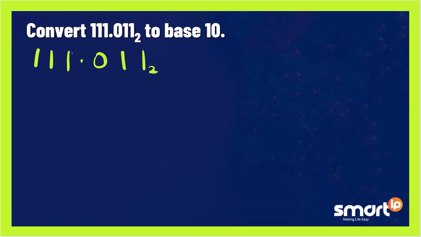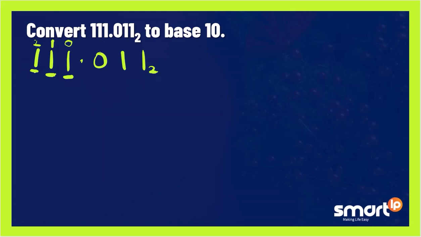So this 1 here is on the unit level, so the power on it is 0, while the place value for the next one, which is this one here, is tens, so the power on it is 1. Okay, then for the place value 100, which is this one here, the power on it is 2.